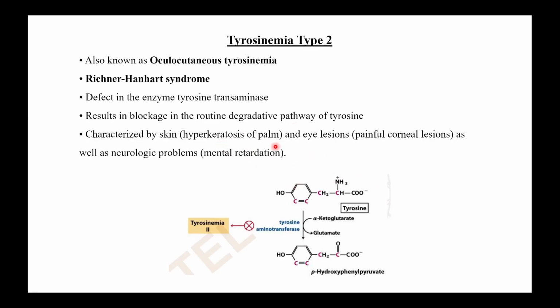Basically, you see thick skin developing on the palms and feet, and there are corneal lesions present in the eyes, and in some cases mental retardation is also observed. So in tyrosine metabolism, the defect in the first enzyme leads to tyrosinemia type 2 or oculocutaneous tyrosinemia.